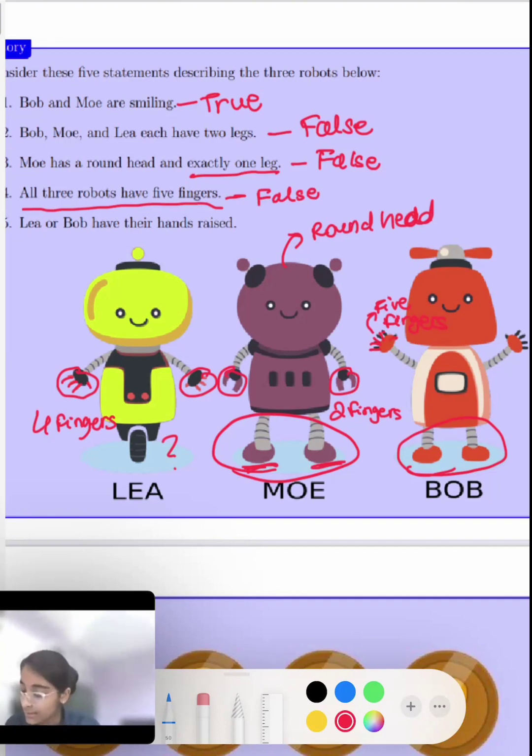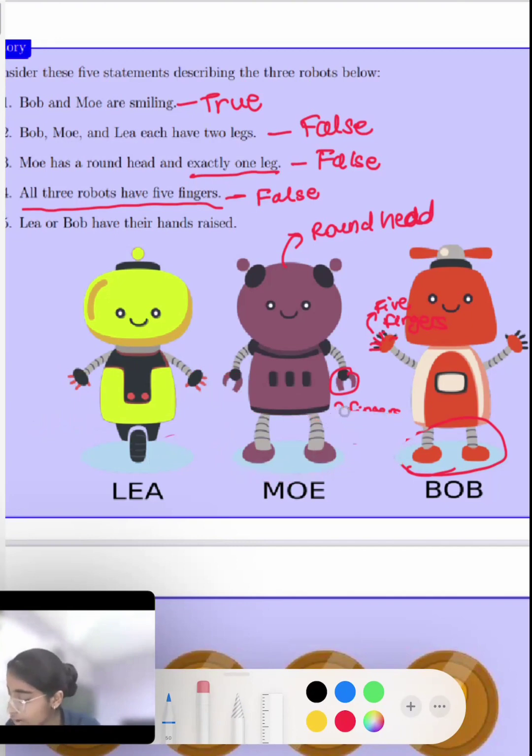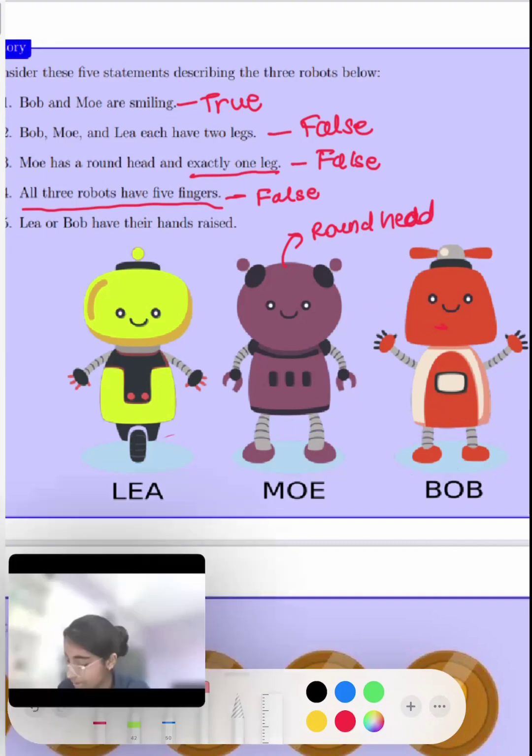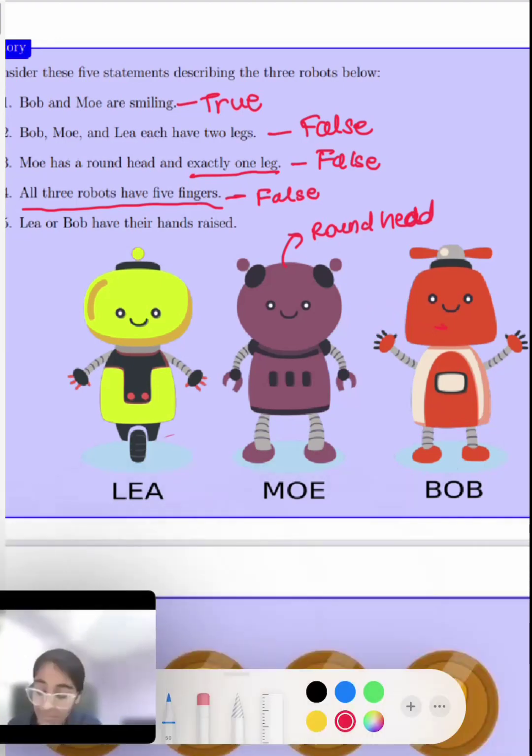And the fifth statement says that Leah or Bob, either one of them, has their hands raised. So here, the confusing part that maybe some people would get wrong is that they would see that both Bob and Leah have their hands raised. However, the statement only says that either Leah or Bob.